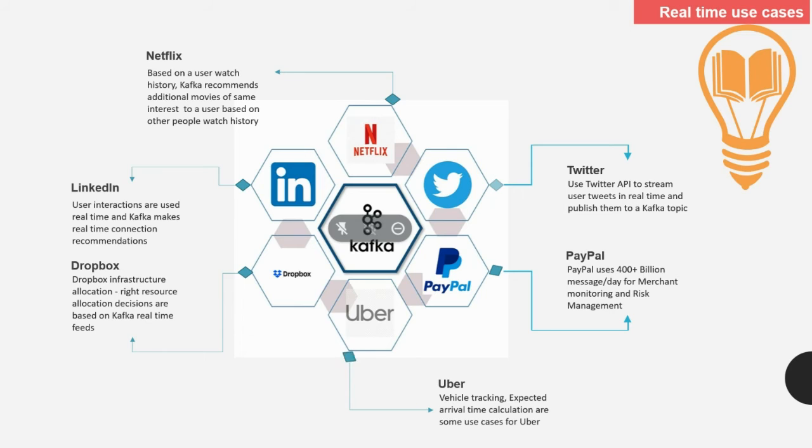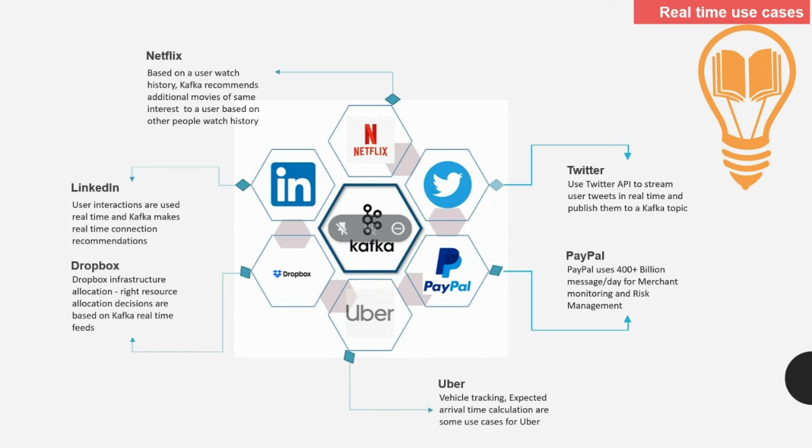Uber uses Kafka to gather passenger info, taxi info, and trip data info in real time to compute and forecast demand and compute the new pricing model. That is the reason during peak hours, the taxi fare goes up. That's where Uber uses Kafka extensively.